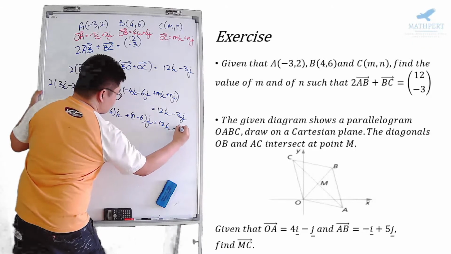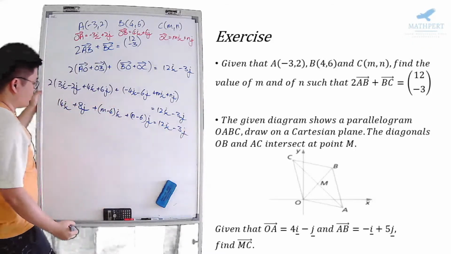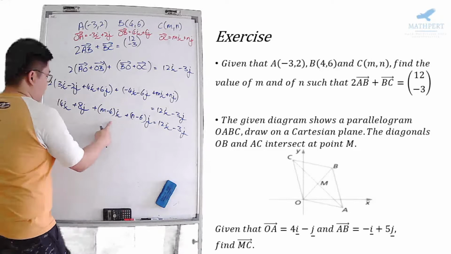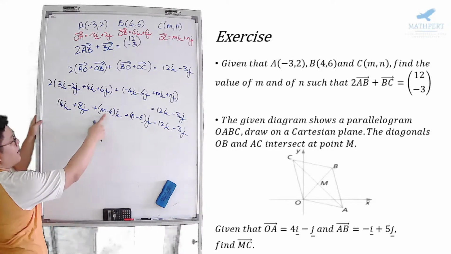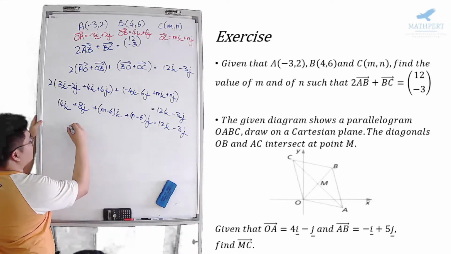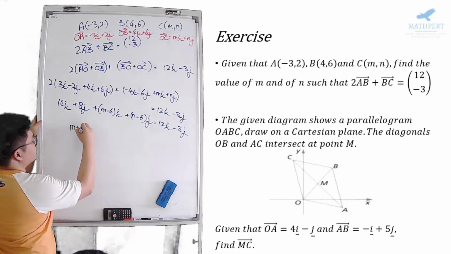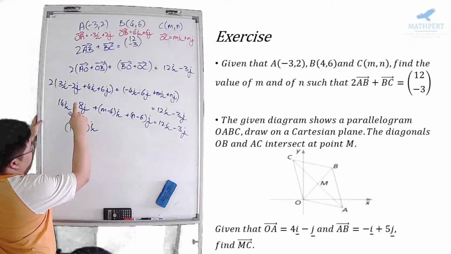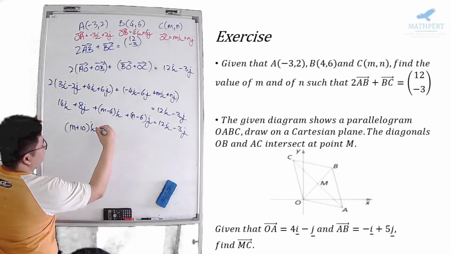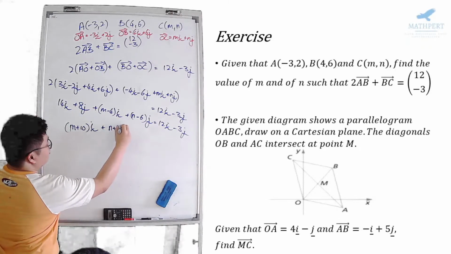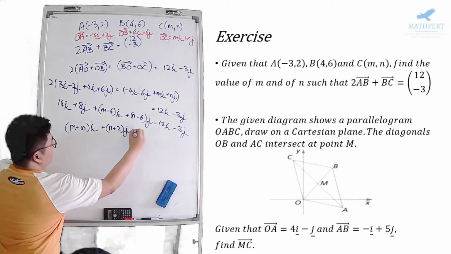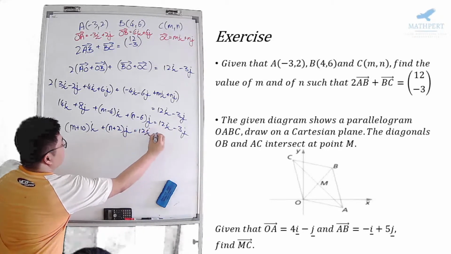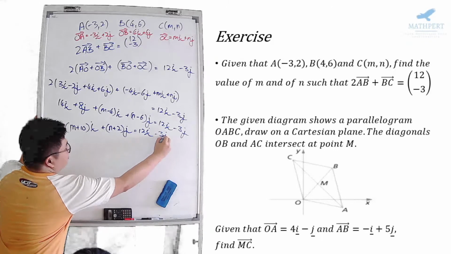Okay, so we add these two together. So m minus 4 plus 14, I'll get m plus 10 i. 8 plus n minus 6, n plus 2 j, is equal to 12i minus 3j.